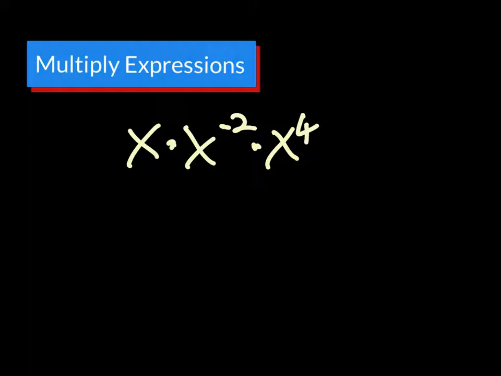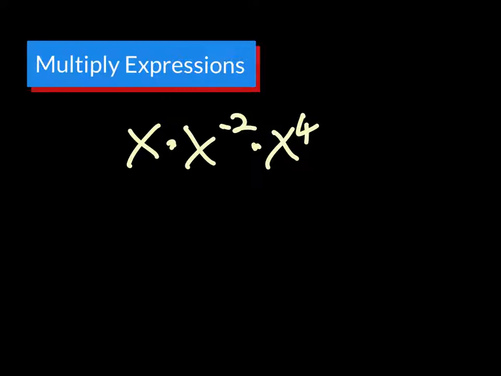Here's another example. x times x to the negative 2 times x to the power of 4. Now remember that these dots between the terms mean multiplication. So in the previous example we had brackets, and if you don't see an operation between two sets of brackets, then that means to multiply.